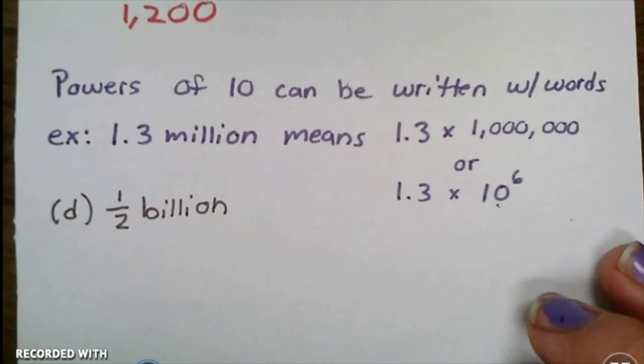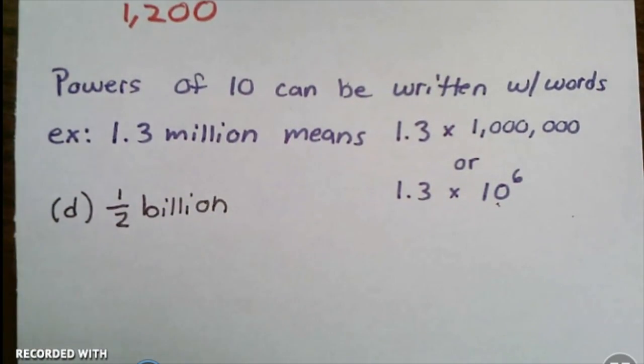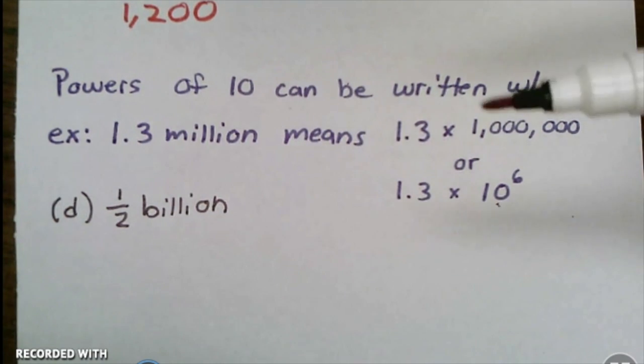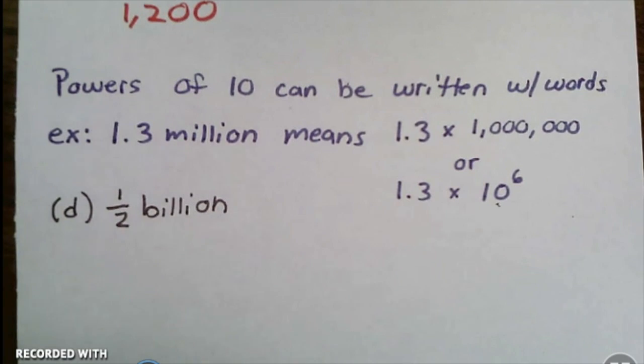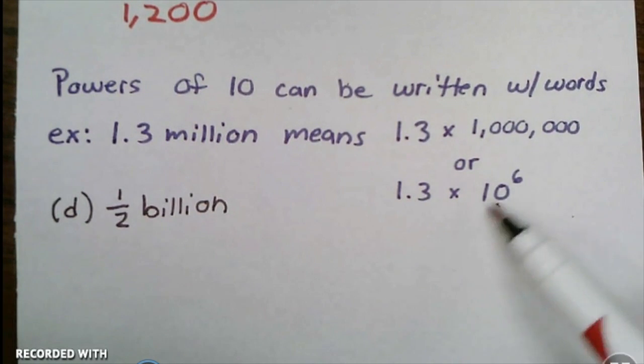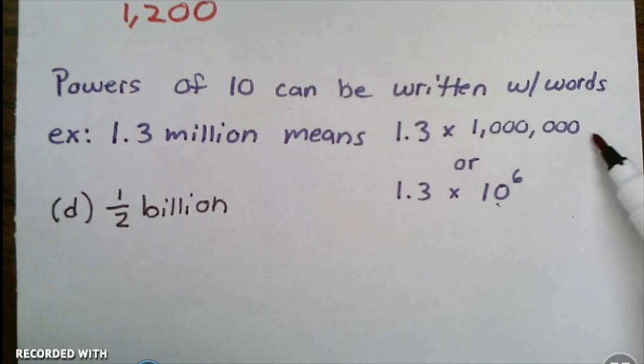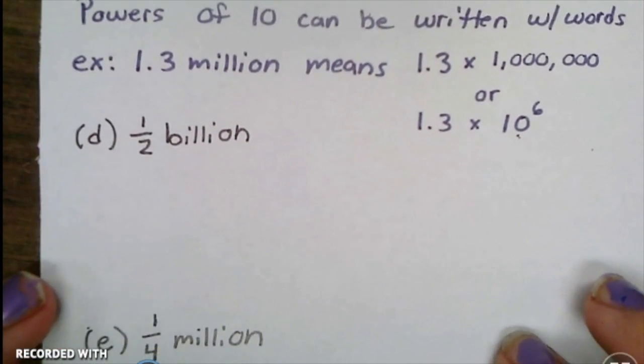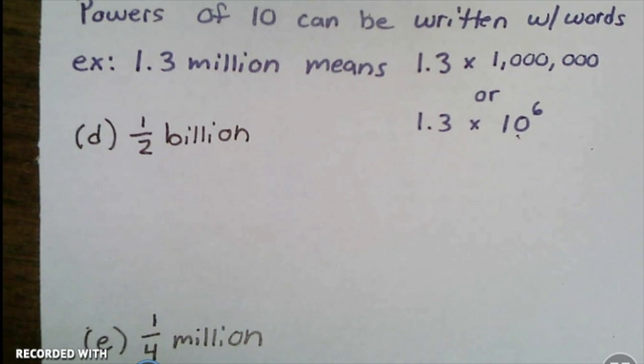The last part, powers of 10 can be written with words. Example, 1.3 million means 1.3 times a million. So when we say 1.3 million, we mean 1.3 times a million. Or we write a million as 10 to the 6th. 6 zeros, a little exponent of 6. So what about half of a billion?